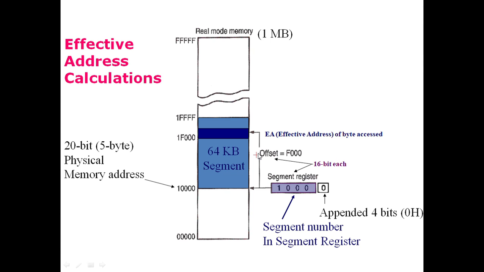So in any case, when a particular segment is to be accessed, the microprocessor takes the corresponding 16-bit segment register value, appends a 0, adds an offset address, and the effective address is calculated. That is the address the microprocessor has to access.